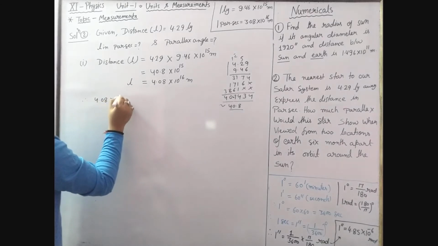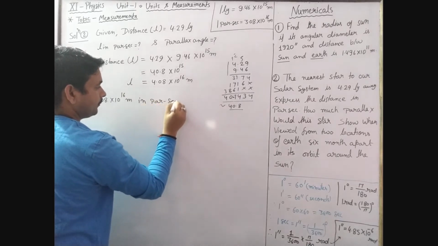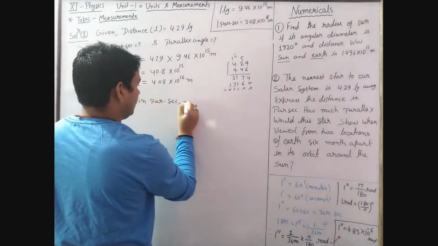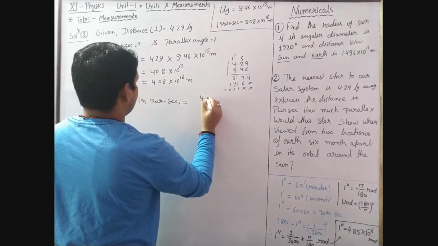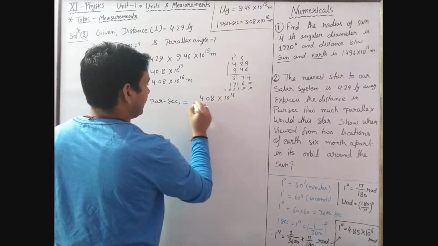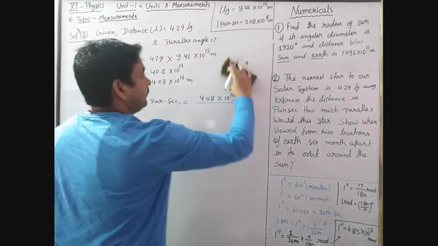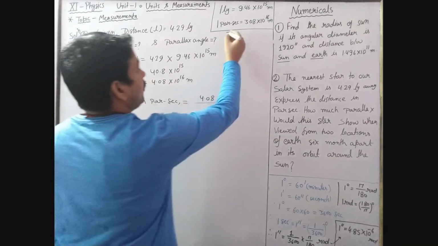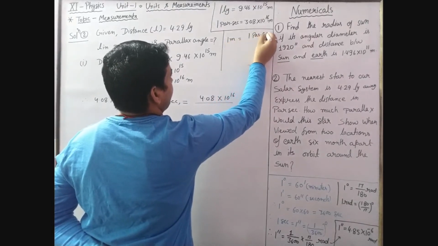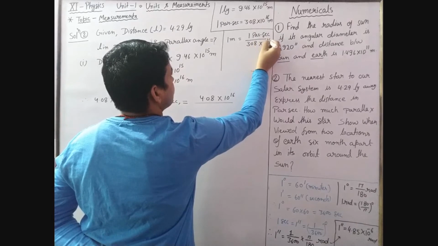Okay, therefore 4.08 into 10 to the power 16 meter in parsec is equal to 4.08 into 10 to the power 16 upon, you will easily calculate from here, 1 meter is equal to 1 parsec upon 3.08 into 10 to the power 16 meter.